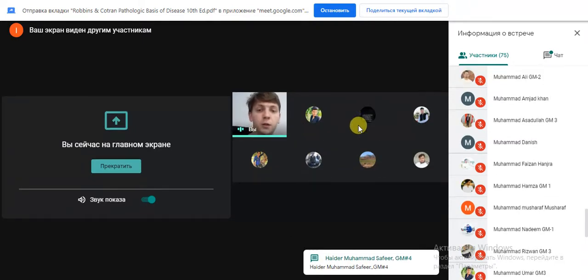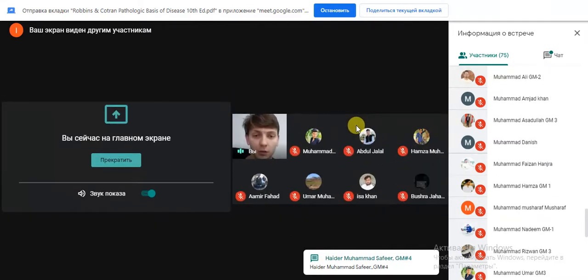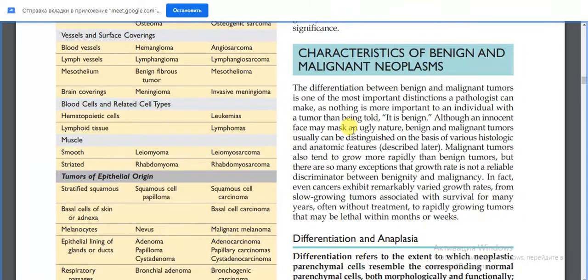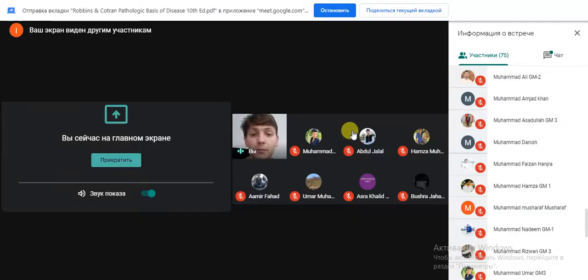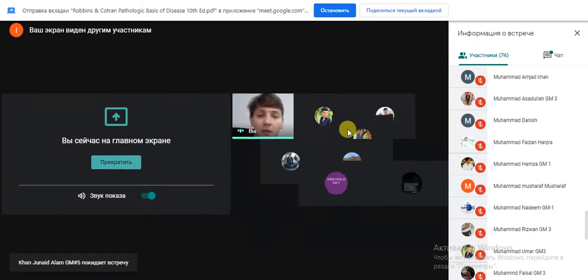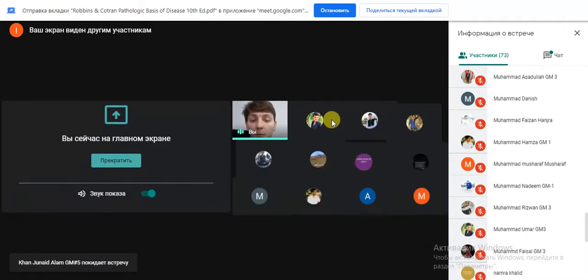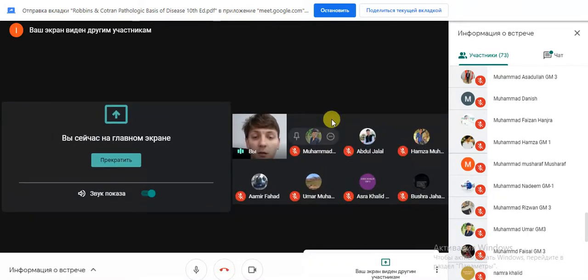But we need to see the epidemiology of these tumors: in which countries we have different tumors. And of course we also discuss what metastasis is, what metastases are, because it's the main dangerous feature of malignant neoplasia, which causes death.